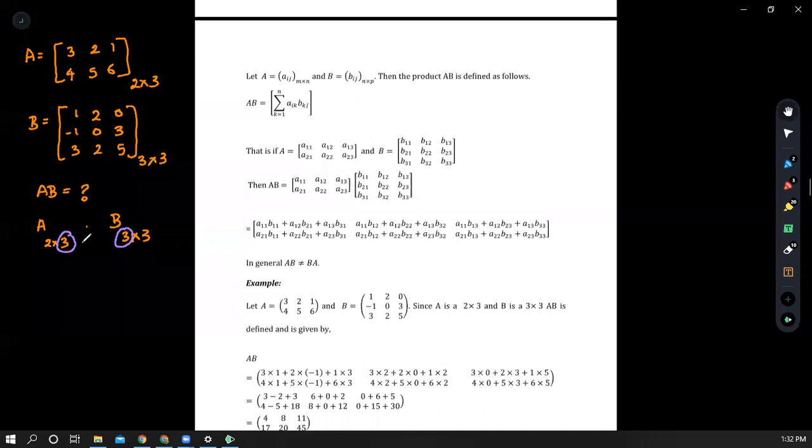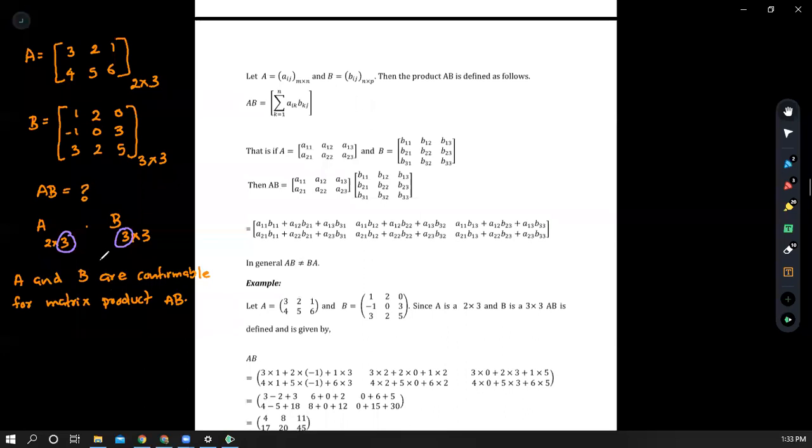Then we can say that A and B are conformable for matrix multiplication, for the matrix product AB. Therefore, now we can identify the dimension: 2 by 3 should be our resultant matrix.